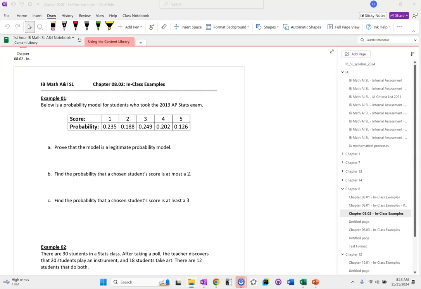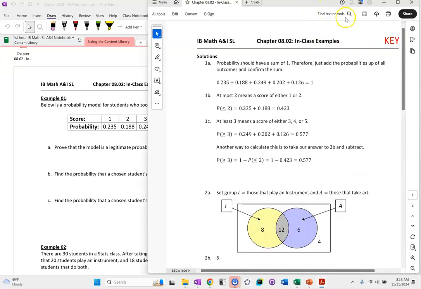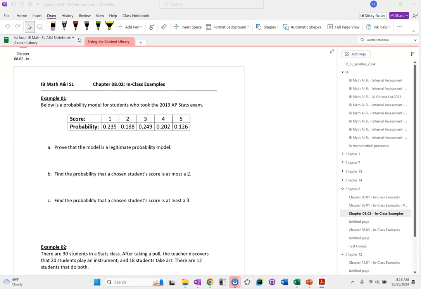To do this, what things do we need to show here? That it sums to 1. Okay, that's one of them. Does it? Yes, it does. What else would you need to check? All the probabilities are between 0 and 1, right? Those are really the two biggies.